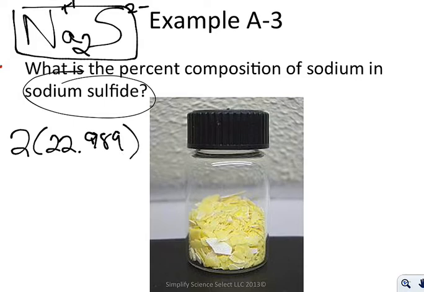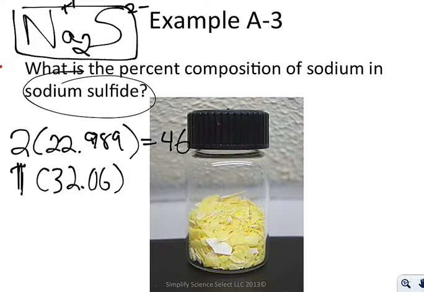And then you have sulfur, which is 32.06. So when you multiply that out, you're going to end up getting something along the lines of 46. We can usually round whenever we're doing these because you don't have to take it quite out that far. And sulfur is usually around 32.